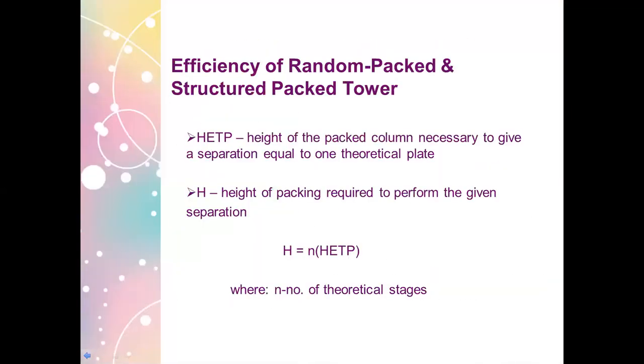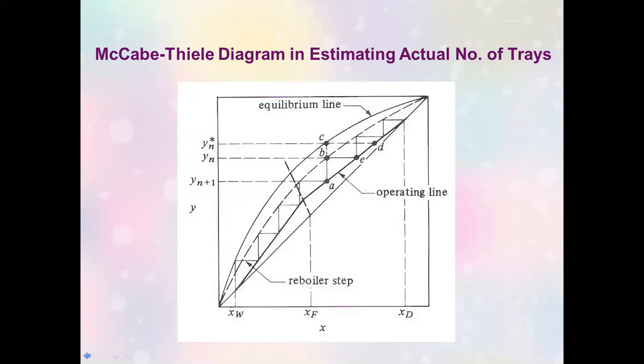If we determine the intersection between the feed line and the equilibrium curve, Doc, only graphing can be done if the equation of the equilibrium curve is not given. The intersection of the feed line and the equilibrium curve is used to solve for the minimum reflux ratio, right, Doc?